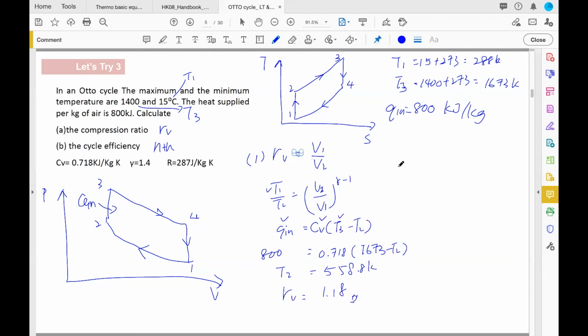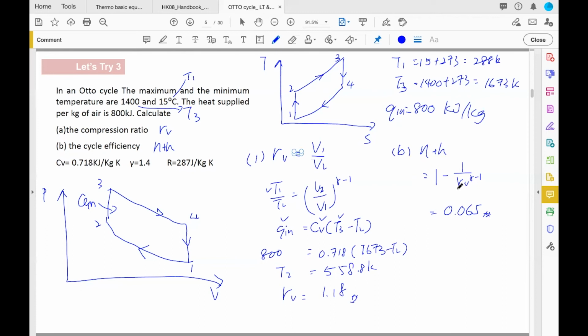Is that okay? So what about the efficiency? Efficiency is even easier because you know it is 1 minus 1 over RV to the power gamma minus 1. So you just plug in the RV there and you should get your efficiency. I might have a little bit of a mistake here and there, meaning a difference compared to your answer, but the steps should be the correct ones, and you might be using a different way to solve it.